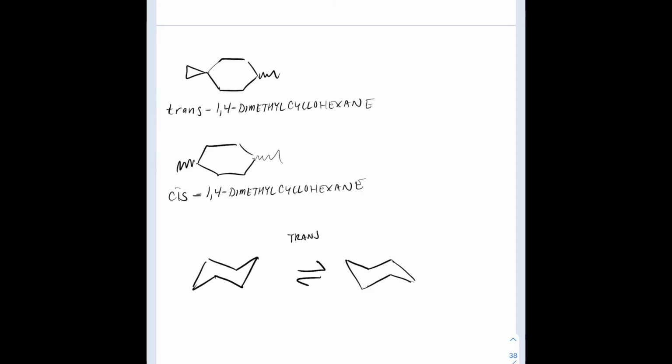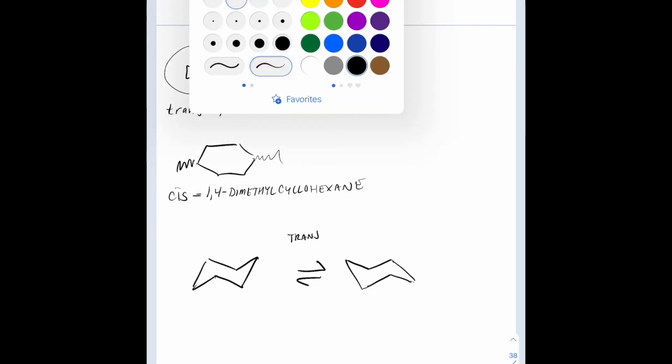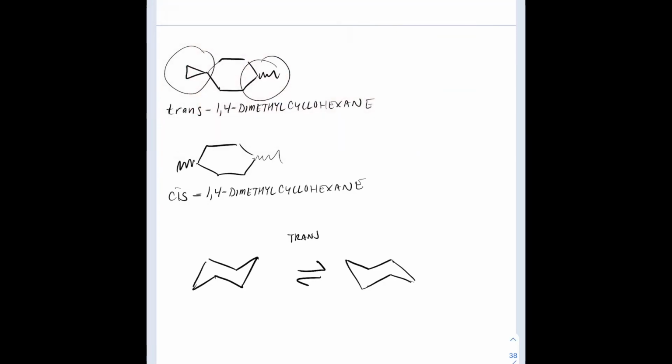It's just a matter of whether it's equatorial or axial, right? And that's going to be the same thing for a cis or trans substituent. Now, how does this wedge translate into the chair conformation, or how does that dash translate into the chair conformation? Well, let's see.